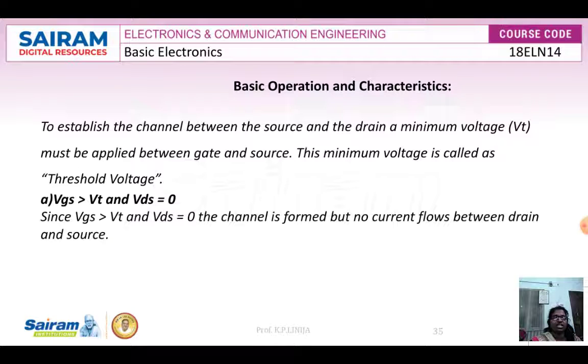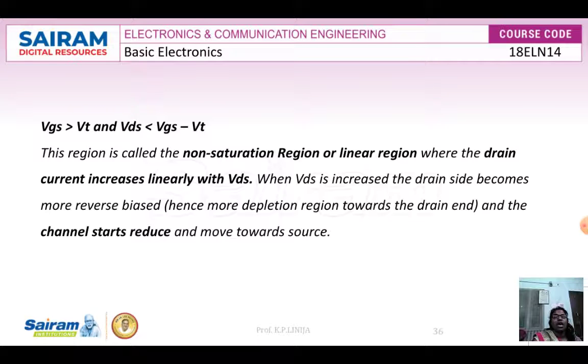The first condition is VGS greater than VT and VDS equal to 0. At this condition the channel will form, but no current flows between the drain and the source. The second condition is VGS greater than VT, but VDS less than VGS minus VT. This region is called the non-saturation region, because the drain current increases linearly with VDS.